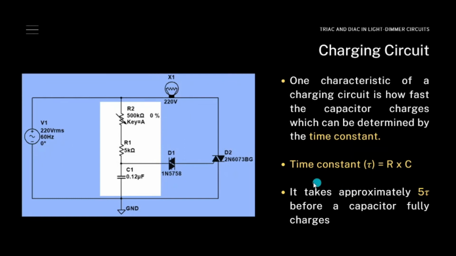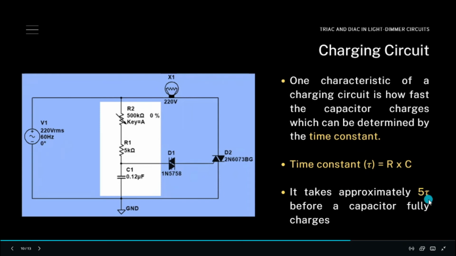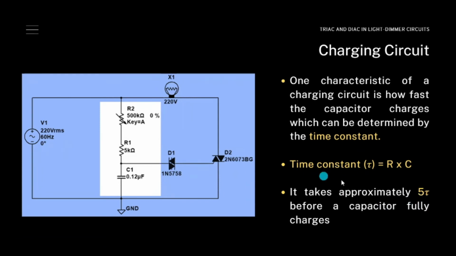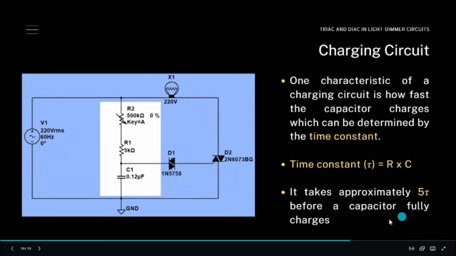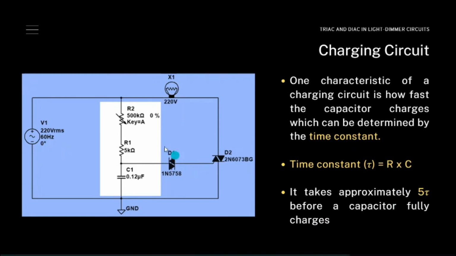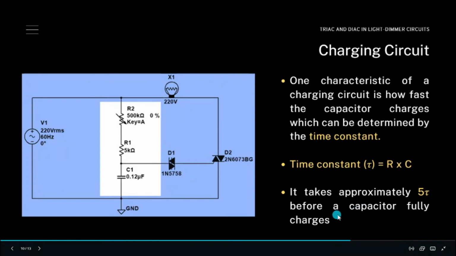Sabi nga dito, it takes 5 tau, 5 time constants, before a capacitor fully charges. The unit of resistance times capacitance will be in seconds, and 5 times that is approximately the time the capacitor is fully charged.